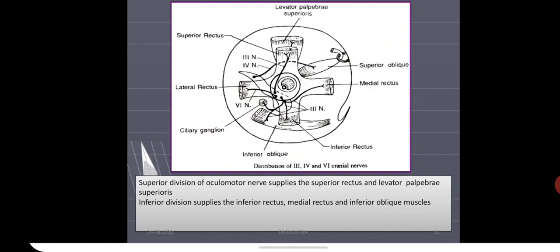We follow the superior division of oculomotor nerve, which supplies the superior rectus and the levator palpebrae superioris. Inferior division supplies the inferior rectus, inferior oblique and medial rectus. Abducens nerve supplies the lateral rectus. Trochlear nerve supplies the superior oblique.